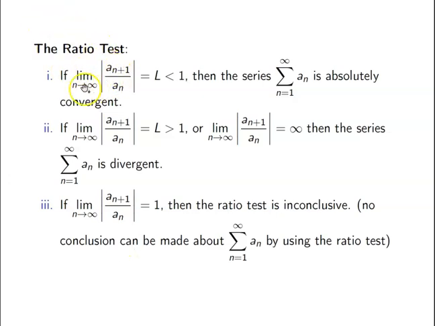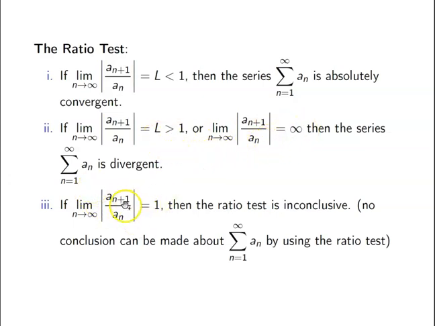The ratio test is that if I take the limit as n goes to infinity of the ratio of my general sequence term plus 1 divided by my general sequence term, right? If that limit is less than 1, then that series converges absolutely. If that limit is larger than 1, then that series is divergent.